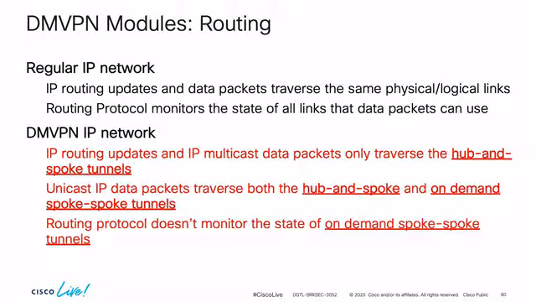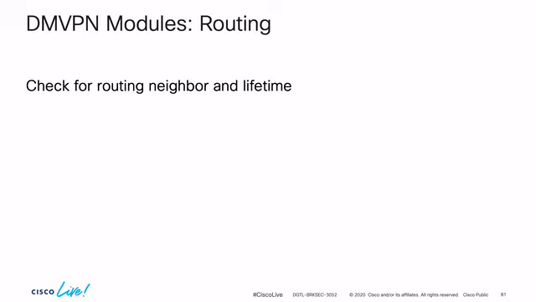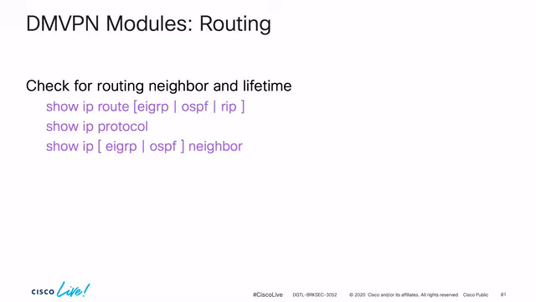So what are some of the things you would want to check when running a routing protocol over DMVPN? Some of the show commands are the same as with running routing protocols in your regular IP network, which are show ip route, EIGRP, OSPF or RIP, and IP protocol.